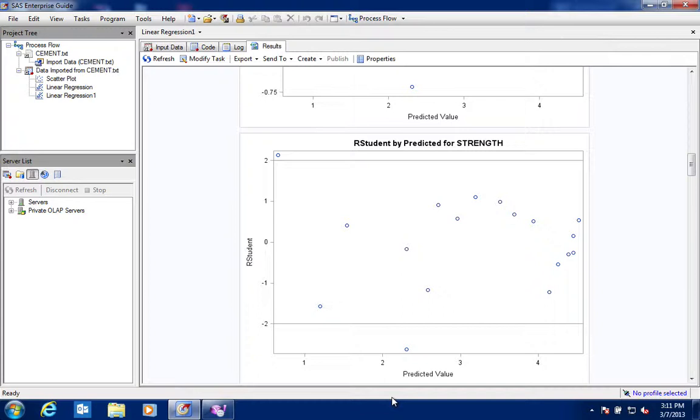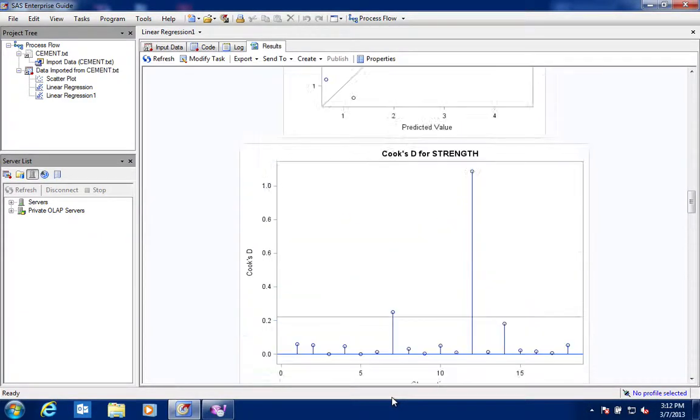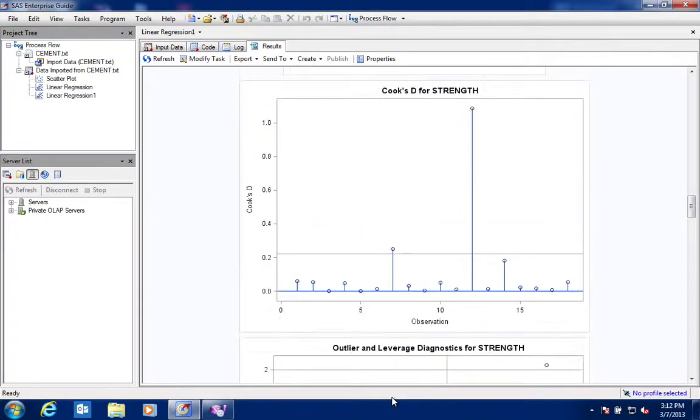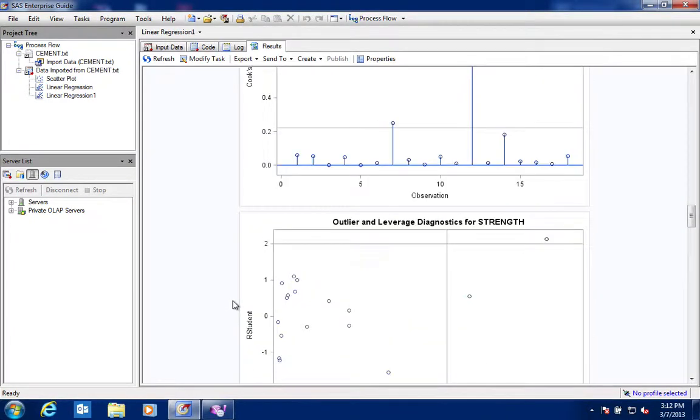Unusual observation, right? So here are two unusual observations based on the statistics. One is marginal, you see this one is marginal, but the other one is very obvious.